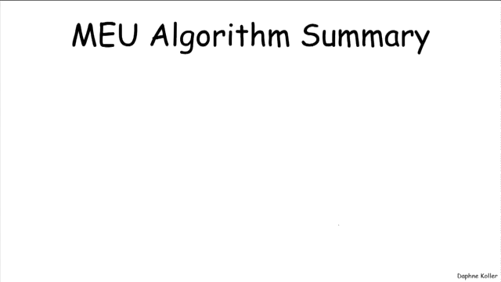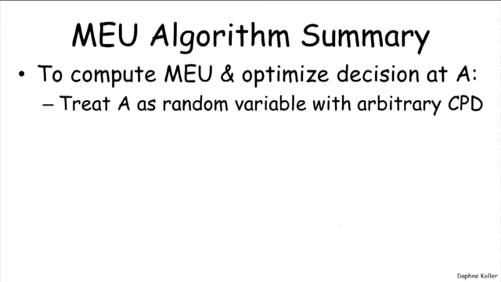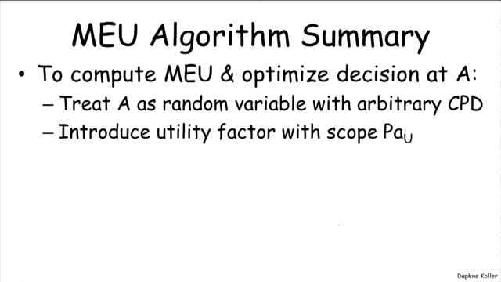So summarizing how this algorithm goes, to compute the maximum expected utility and find the optimal decision rule at an action A, we take the following steps. We treat A as a random variable with, at this point, an unknown CPD. We introduce an additional factor beyond the CPDs, which is a utility factor whose scope is the variables that the utility depends on.